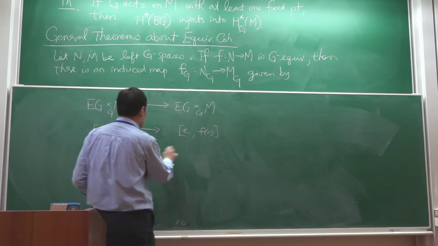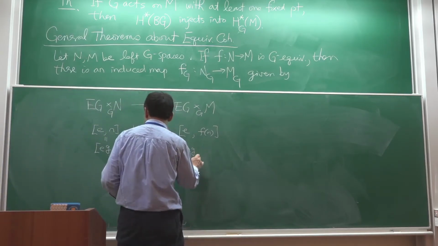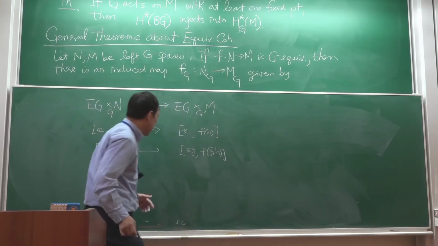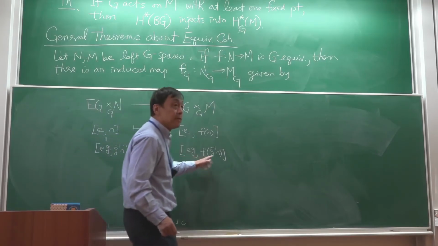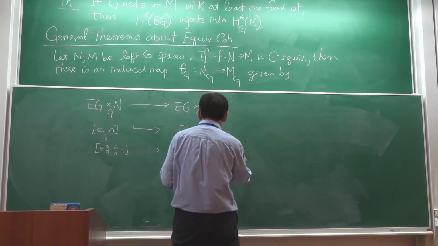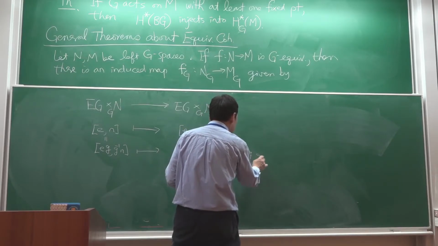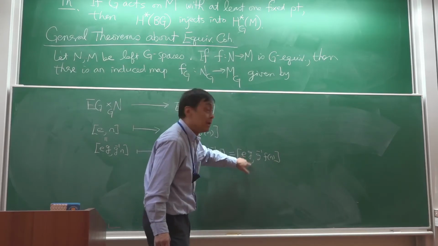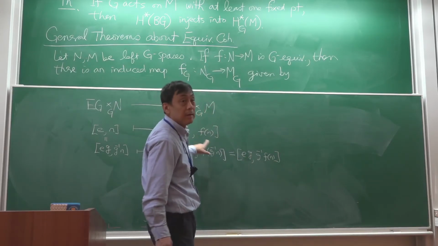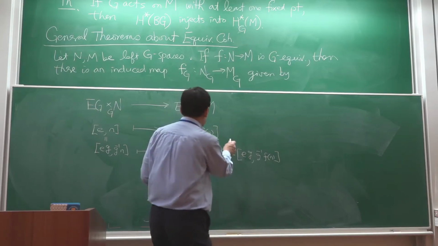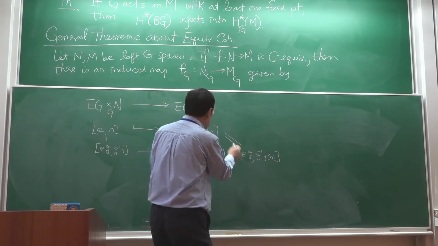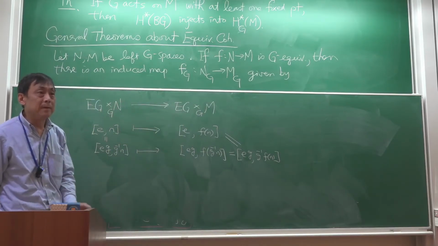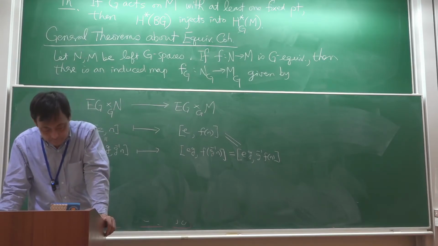And then this one is going to go to (eg, F(g inverse n)). But F is G equivariant, so that means that g comes out. And this is the same as this. So this shows that it's well defined. So you have an induced map on the homotopy quotients that's well defined.